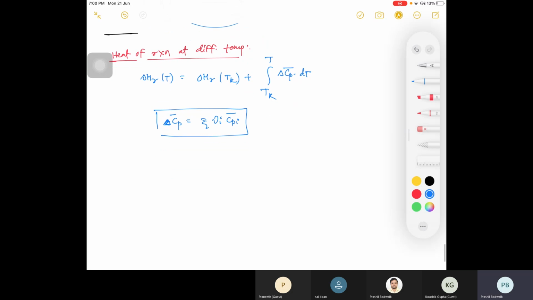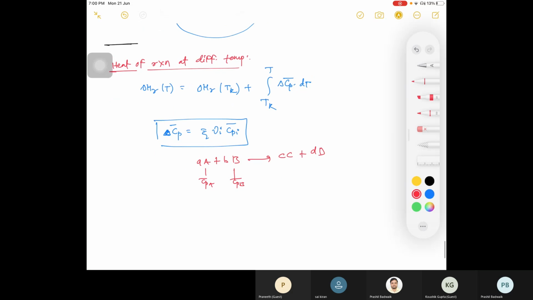Please write down for the reaction A plus B giving you C plus D. Your Cpi is your Cpa mean, Cpb mean, Cpc mean, and your Cpd mean. These are Cp values.